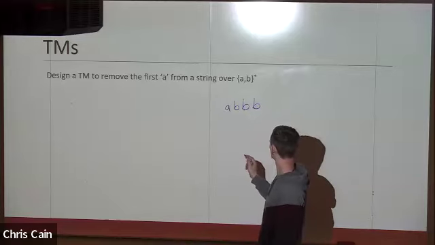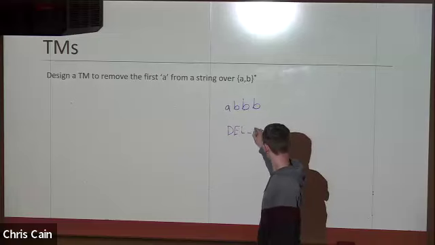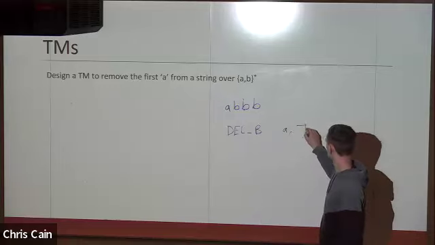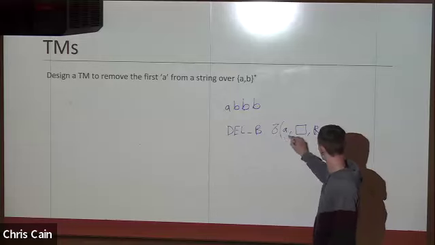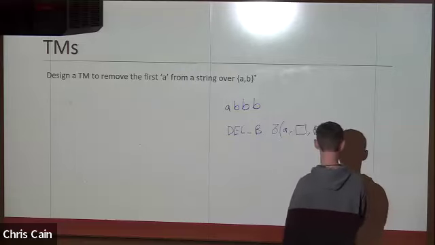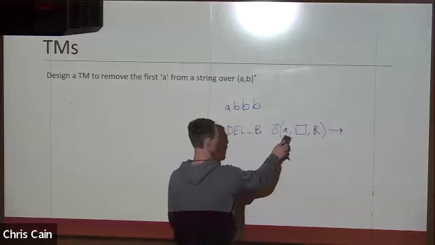Right, so for the first state, we'll just assume we want to delete the B's. The rules for that are: if you read an A, write a blank, and it doesn't really matter where you move. You go to the next state. The input is the state and the character that you see there on the first tape.